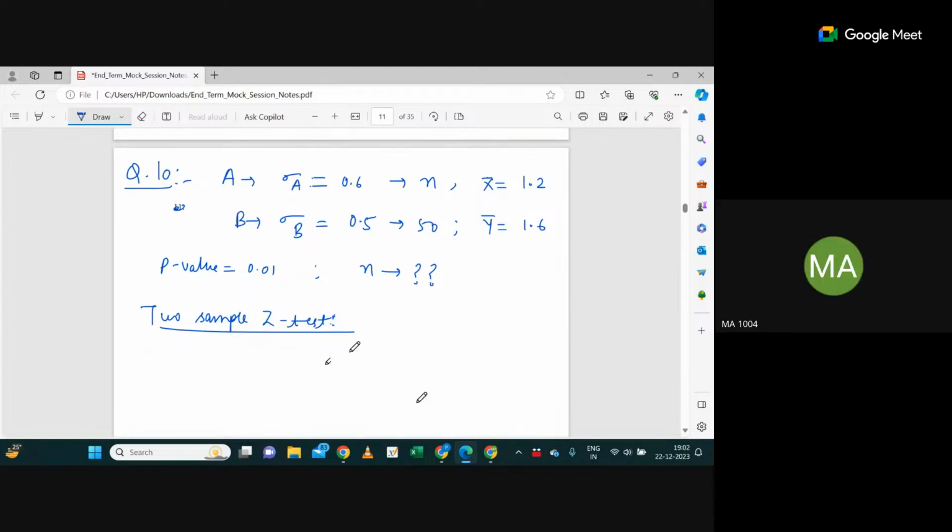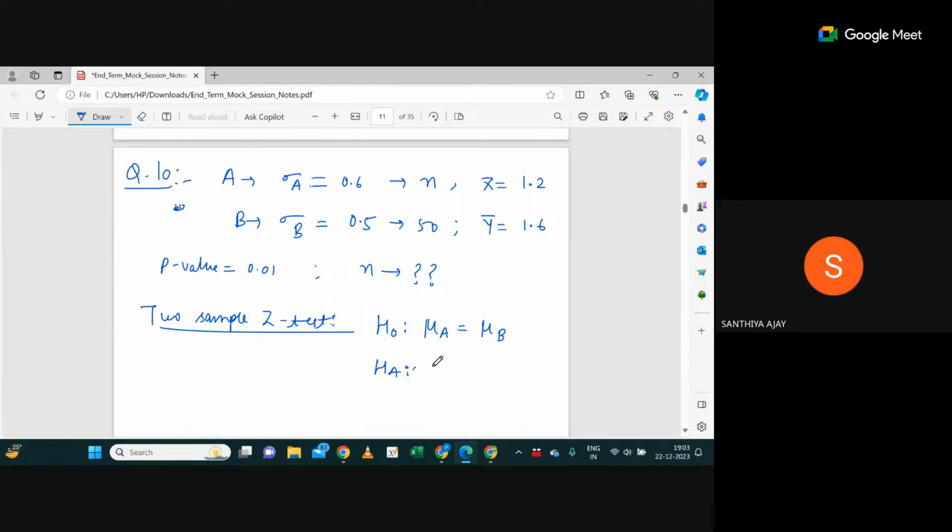What will the hypothesis be here? Both the amounts are different. Mu A equal to mu B? Actually, whenever we write the hypothesis, we have to write it in the form of a population parameter. So what will be your alternative?